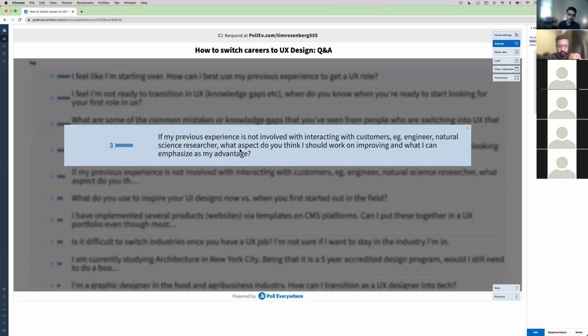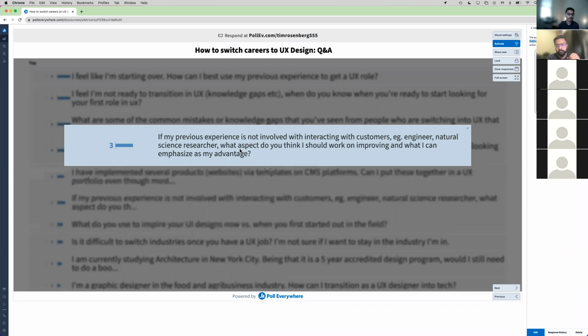A good place to start is working on UX projects within the natural science research industry. Learn about that world and its pain points, and think about how you could make an app or a website that helps with those. That will certainly improve your chances.